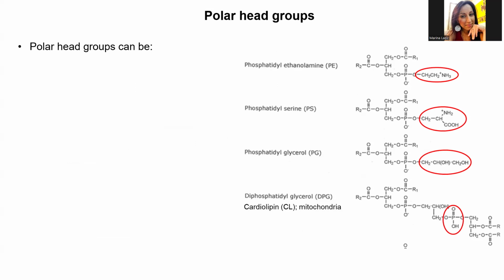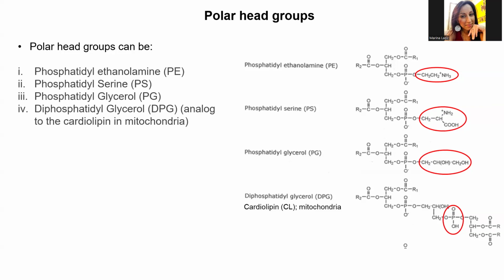A little bit more about polar head groups. Fatty acids belong to the hydrophobic area, the hydrophobic tail of phospholipids. The polar head groups can be all these listed here: phosphatidylethanolamine or PE, PS, PG, and so on. Again, knowing the abbreviations will be fine; those are very complicated names.